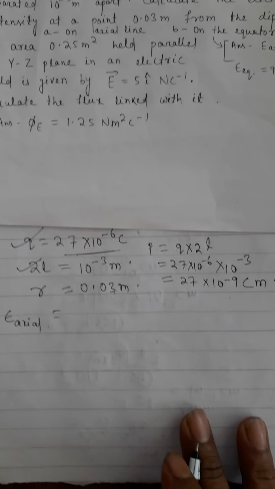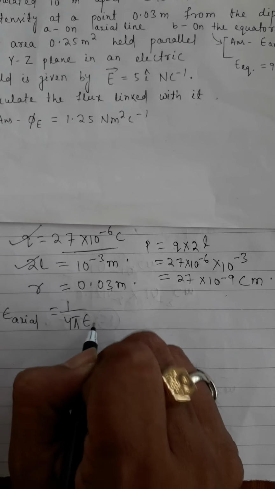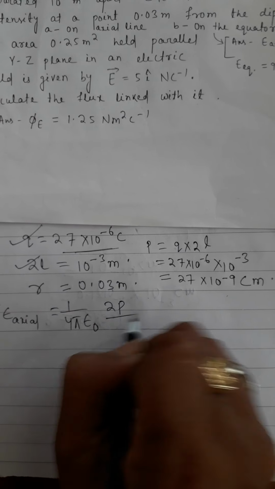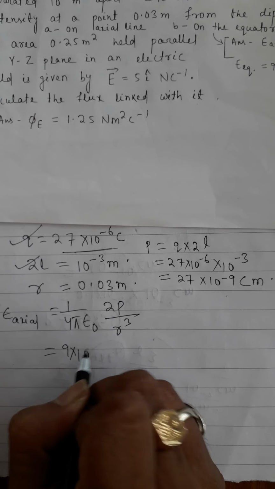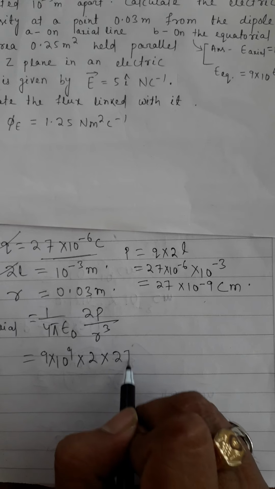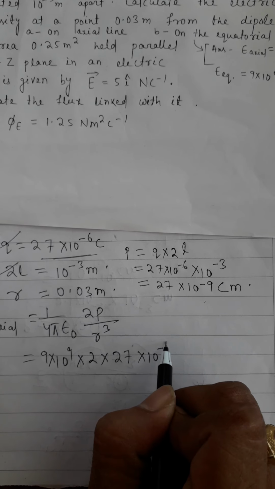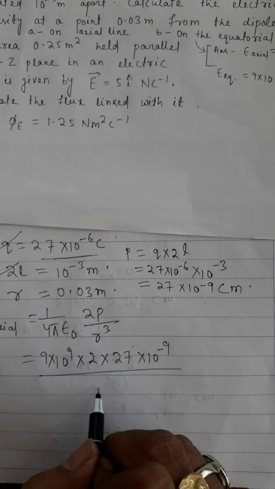It will be, formula is known to us, that is 1 by 4 pi epsilon naught 2P by R cube. So it will be 9 into 10 to the power 9 into 2 into P. P is 27 into 10 to the power minus 9, and divided by R cube.